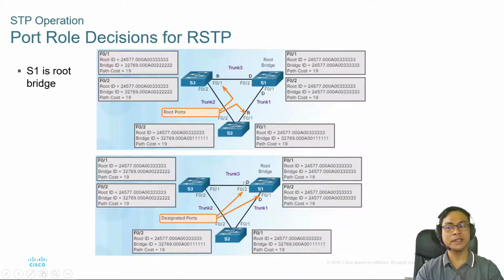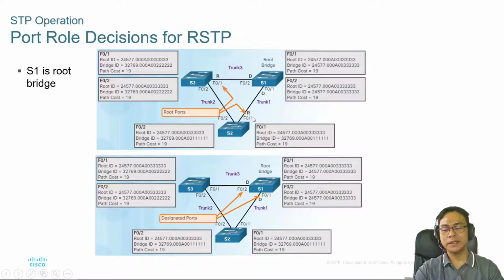Directly connected, that's designated. Now, every end, as we said earlier, it's in every end. So if there is one on this end, there should also be designated ports on the other end. But we didn't say that because this is just the easiest to determine first. So the nearest port to reach the root bridge from S3 will become the root port. From S2, that will also become the root port.